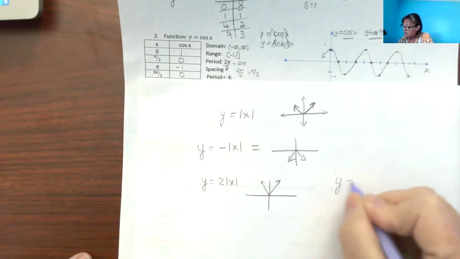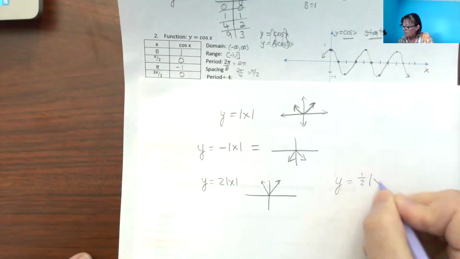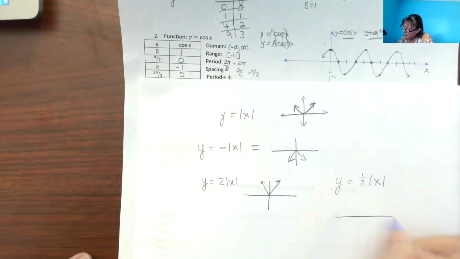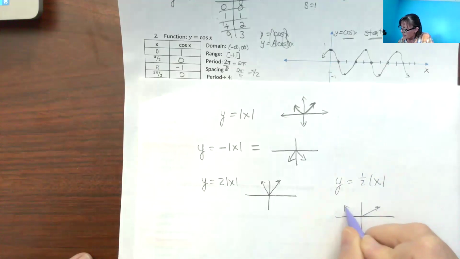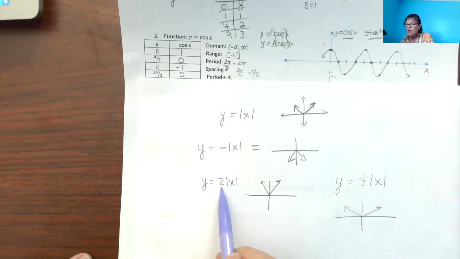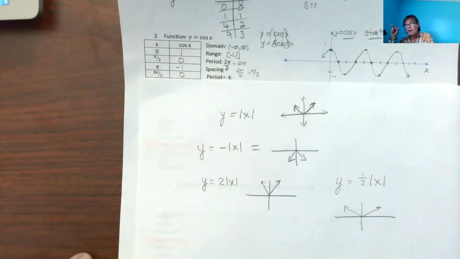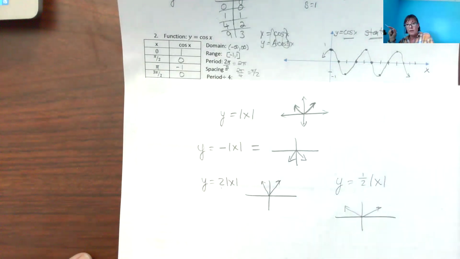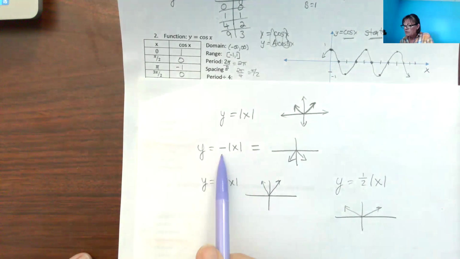What if we have y equals 1/2 the absolute value of x? That's going to make our slope lower, making our graph a little squattier. So when I change these numbers in front, that can affect how skinny or fat our graph is. And the negative is a reflection.